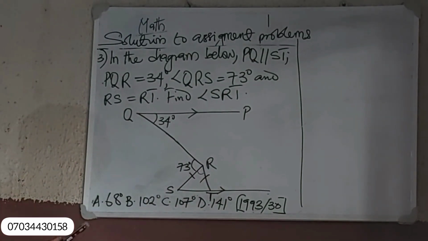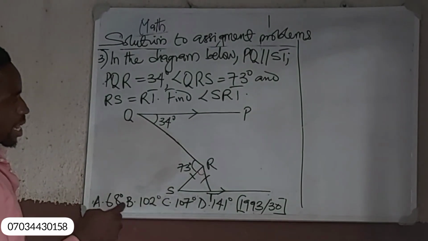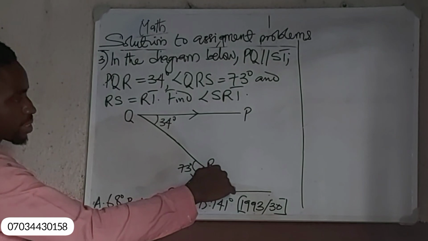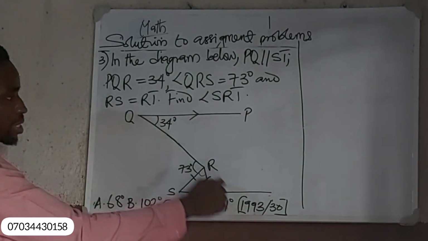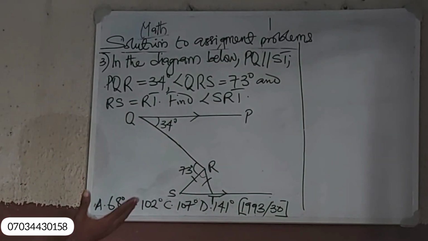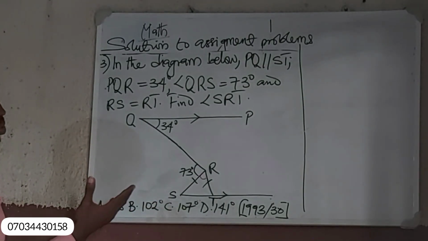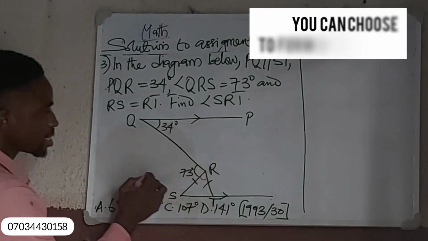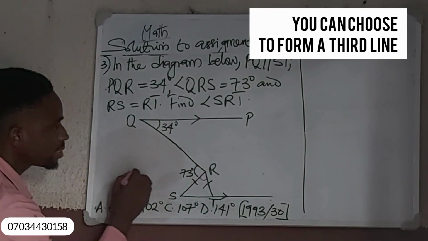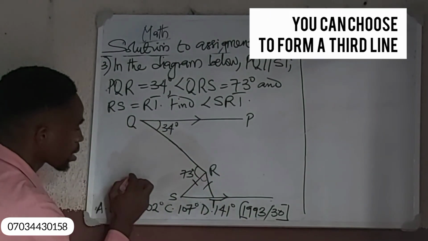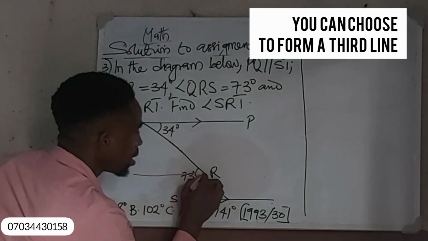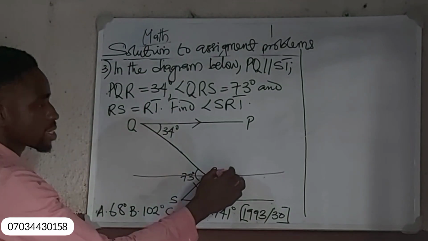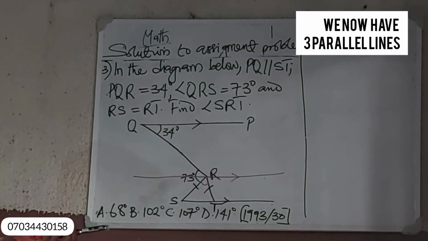Because they are parallel, we can join them by a single line so that this one will be the transversal. But instead of that, what I like to do here is to make a third line that will be parallel to the other two. So it's now 3 parallel lines.